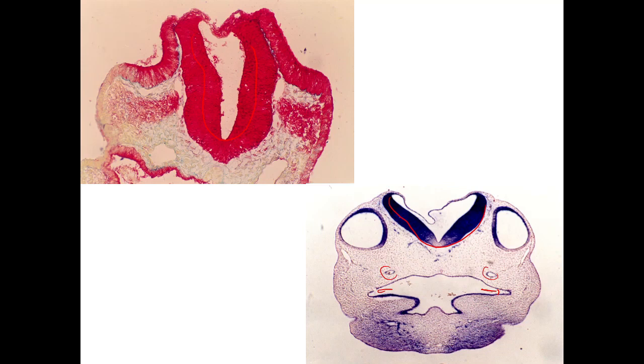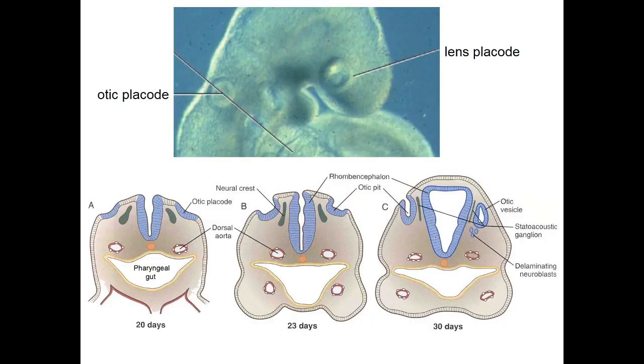It is just a thin membrane, so it's probably at the level of the mesencephalon. The fourth ventricle is here. And it actually makes sense because very close to the hindbrain we will have the otic placodes. This is what I described earlier: the lens placode and the otic placode, two placodes which will form the structures that I have described.